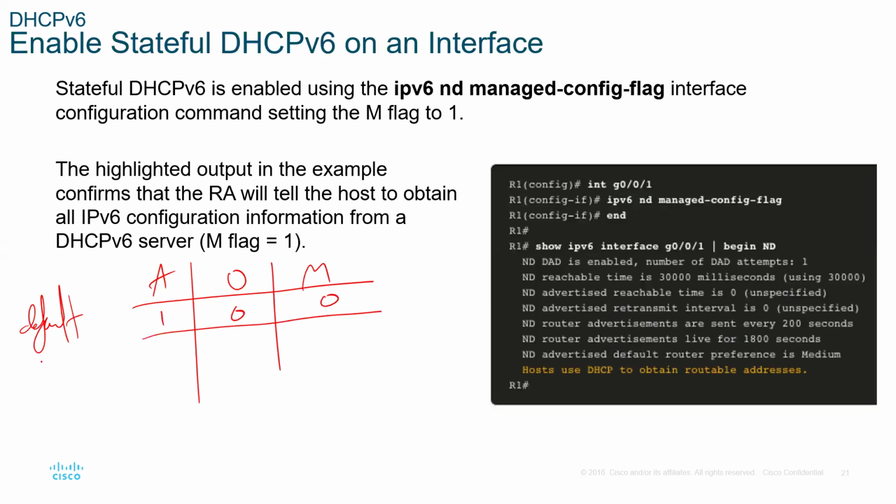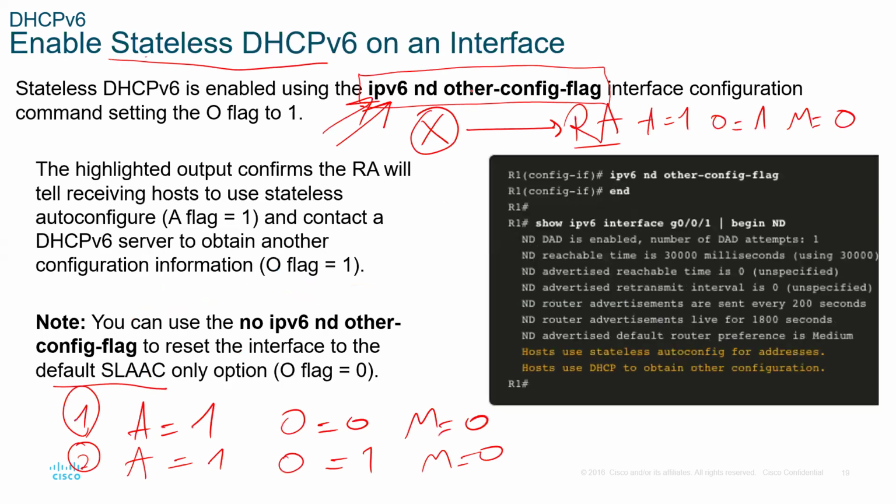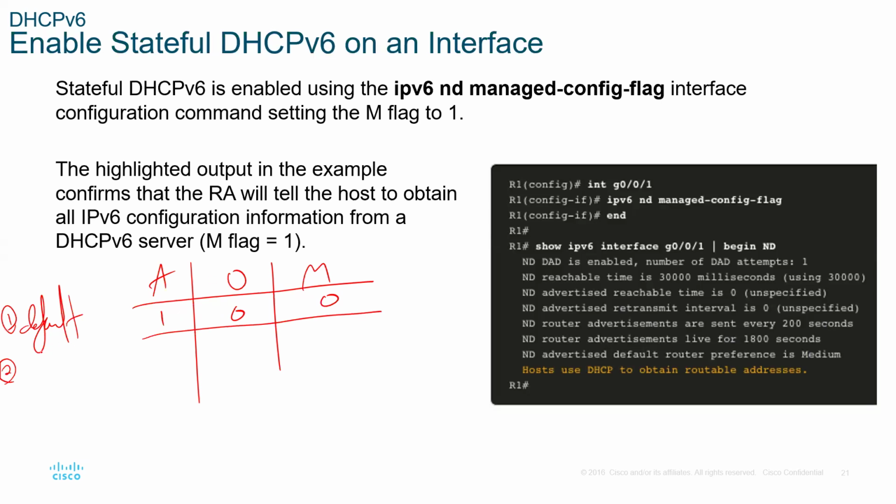This is the default state, number one. Then we've discussed number two, which is stateless DHCP, which is enabled by the command IPv6 ND other-config-flag. That is the command which is used to enable stateless.